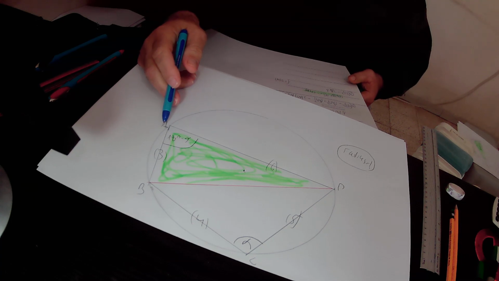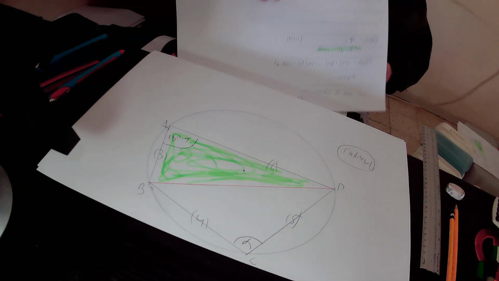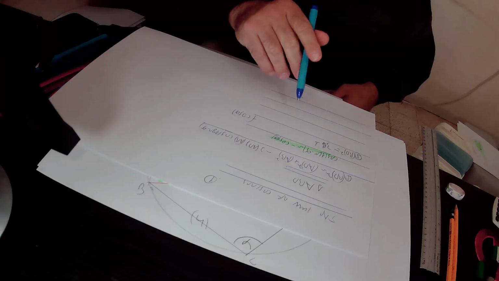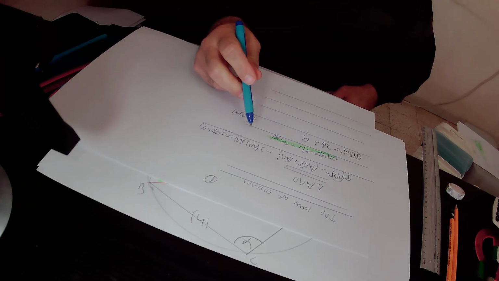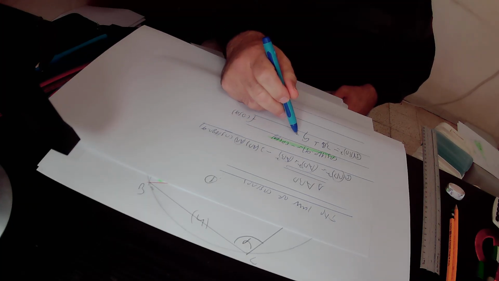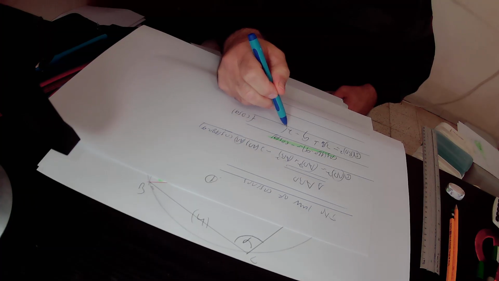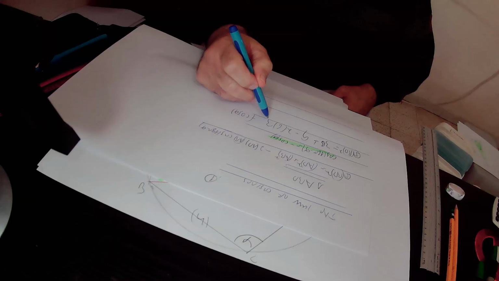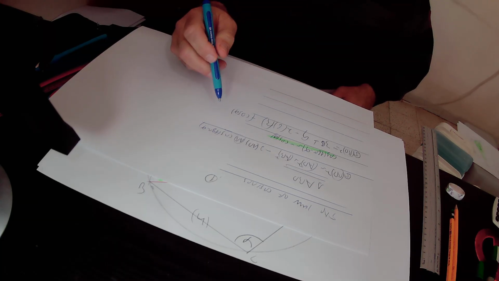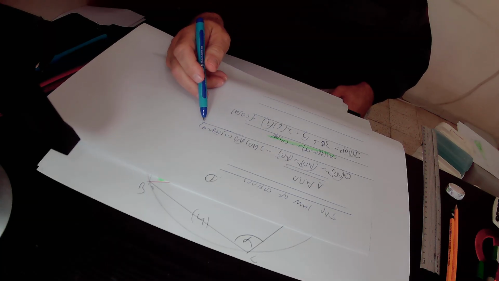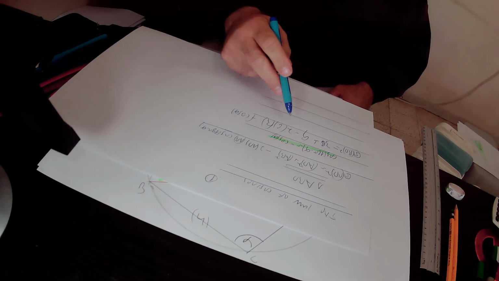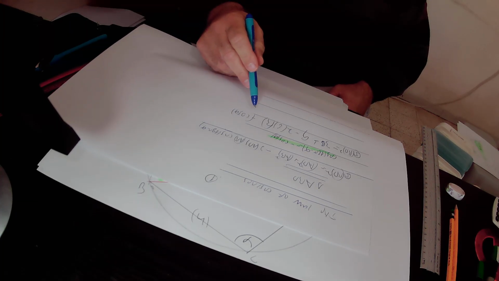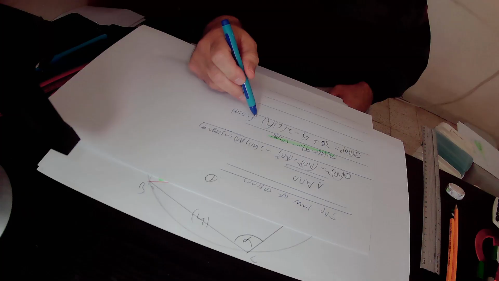AB is 3, therefore AB squared is 3 squared, it is 9. Minus 2 times AD, which is 6, times AB, which is 3, times cosine 180 degrees minus alpha. And cosine 180 degrees minus alpha, according to this trigonometric identity, equals minus cosine alpha.